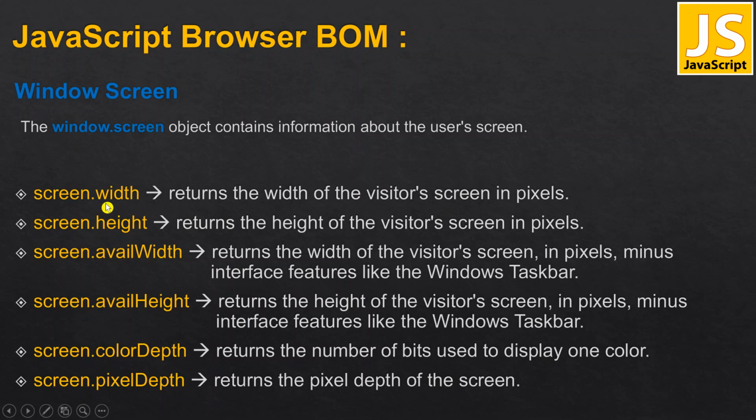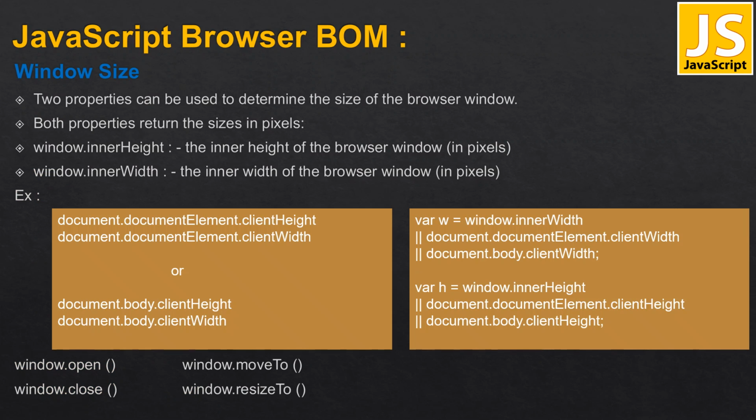Screen dot width returns the width of the visitor's screen in pixels. In the earlier class we saw the browser width, the window size.